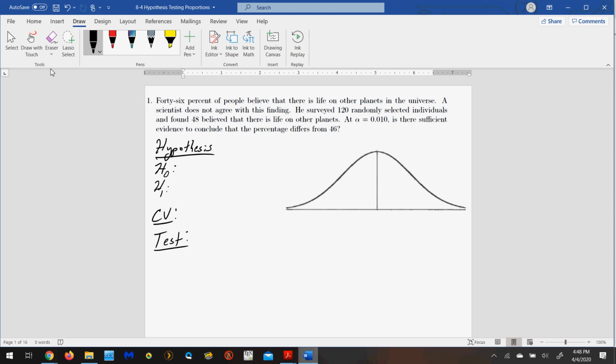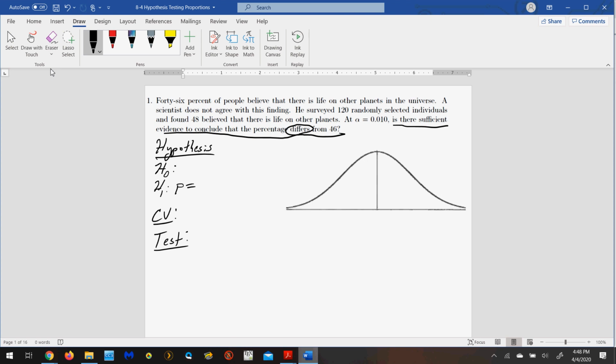Now for the hypotheses. What hypotheses are you actually testing? It says, is there sufficient evidence to conclude that the percentage differs from 46? And this keyword differs. That means it's different from 46, referring to 46%. So there I have my claim.